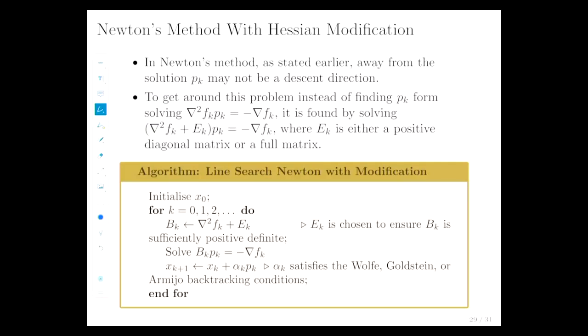In a general pure Newton's method, when we are away from the solution, pk may not be a descent direction. Can someone tell me why is that? Moir, do you know why I can make a statement like this?